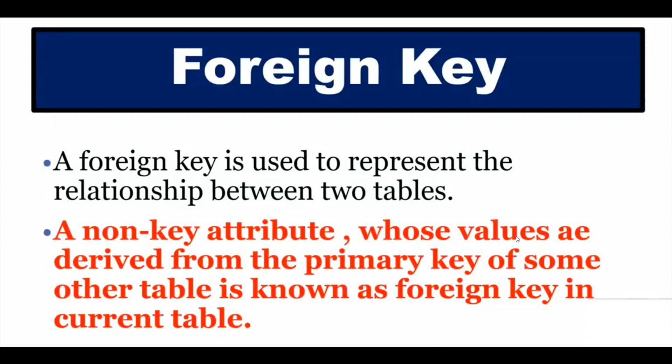It's a non-key attribute whose values are derived from the primary key of some other table, is known as a foreign key in the current table. That means two tables will have some or the other data in common. There will be two tables in which one particular attribute is common.